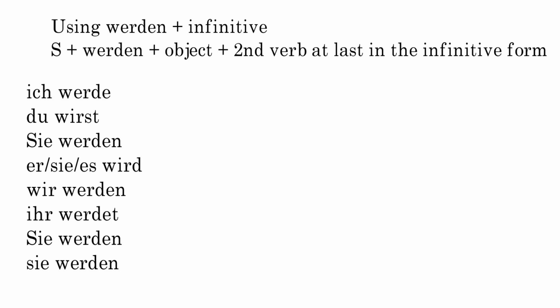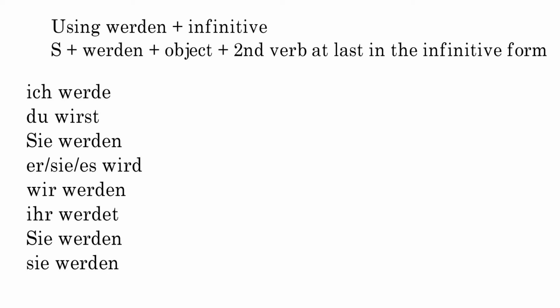Using werden plus infinitive. It's like subject plus werden plus object plus the second verb at the last in the infinitive form. So you have to use a subject, ich, du, sie, as you want. So I take sie wird, then your object, the sentence, nouns and adjectives you want to take.